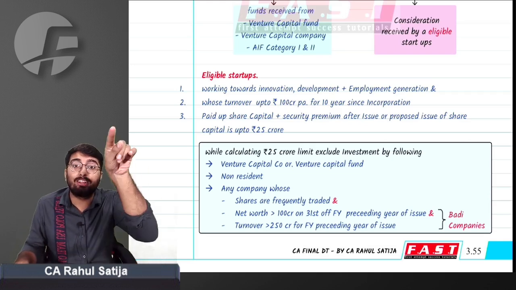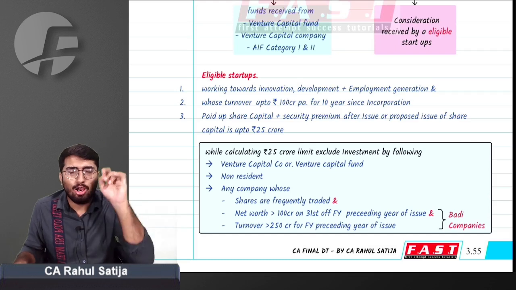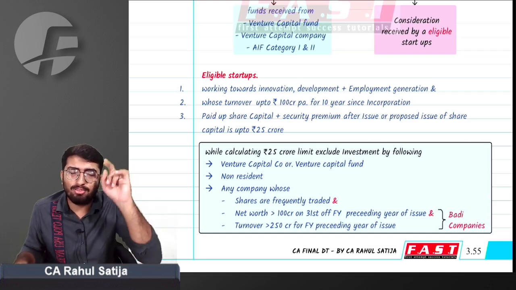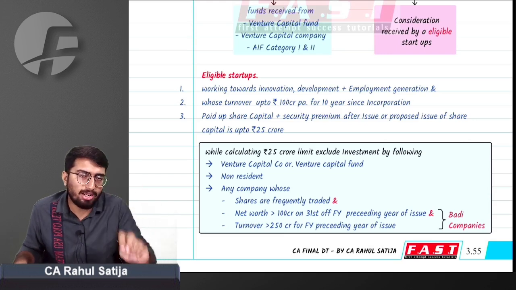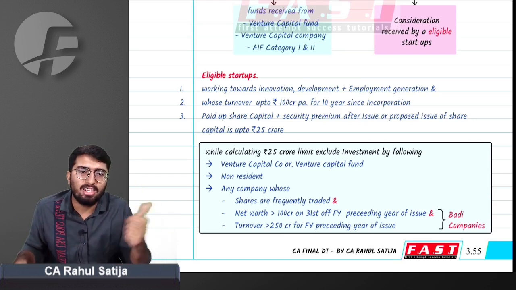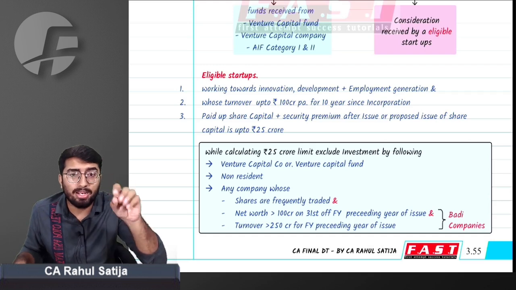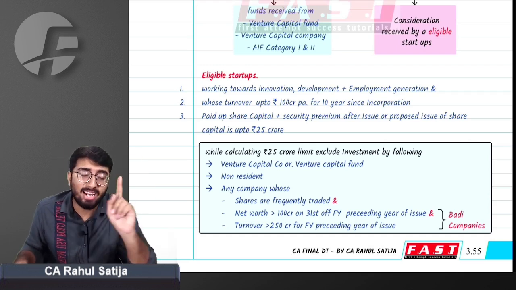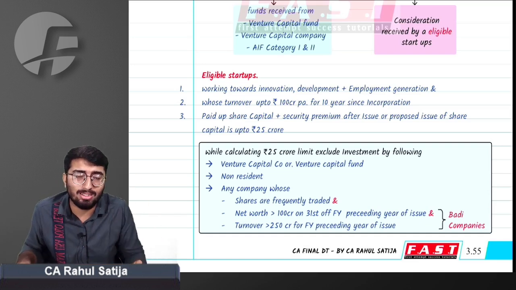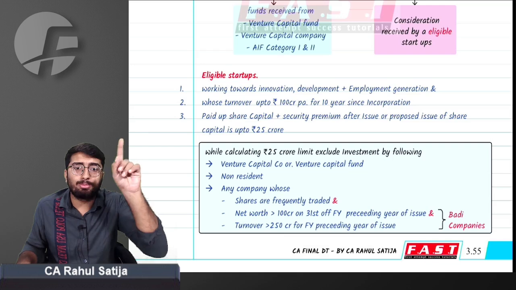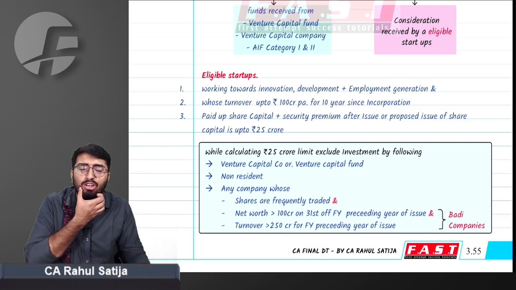But for computing the limit of 25 CR, the following investments are to be excluded. First of all, any investment by a venture capital company or venture capital fund. Any investment by a non-resident or any investment by a big company. Sir, what is a big company? A company whose shares are frequently traded and whose net worth is greater than 100 crore as per the last financial statement and whose turnover is greater than 250 CR as per the financial year preceding the year of issue.